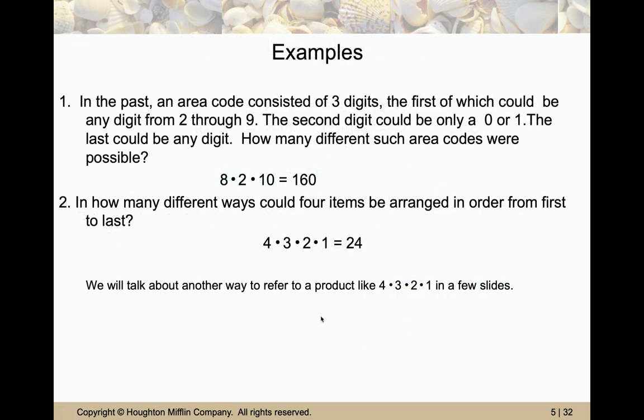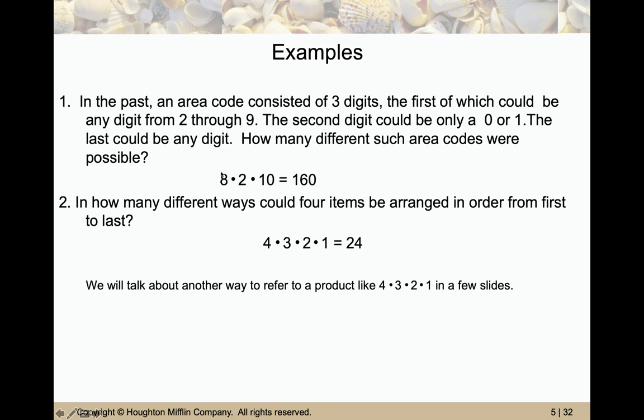Here's some more examples. In the past, an area code consisted of 3 digits, the first of which could be any digit from 2 through 9. The second digit could only be a 0 or 1, and the last could be any digit. How many different area codes were possible? Okay, well, you've got 3 digits, each with a different number of possibilities.